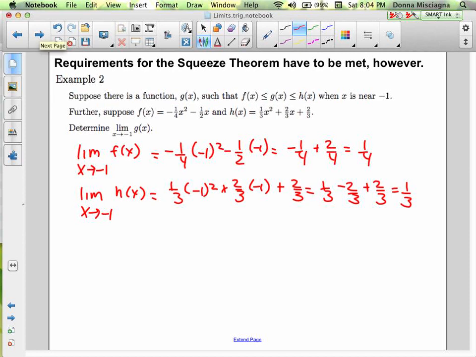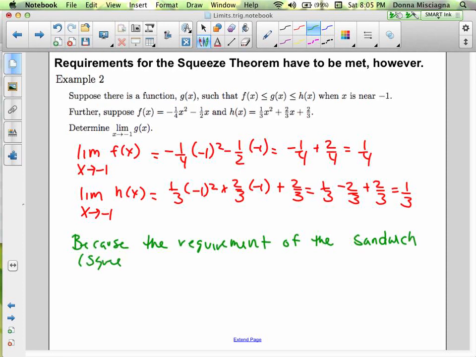So, let me switch colors again, because the requirements of the sandwich or squeeze theorem have not been met.